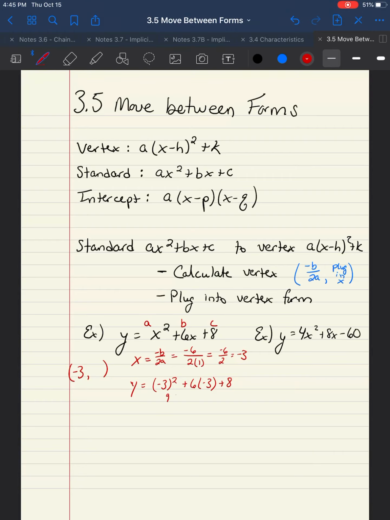So I would have -3 squared plus 6 times -3 plus 8. And so we end up with -1.